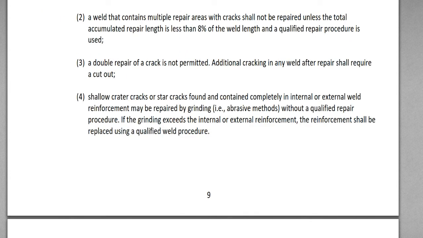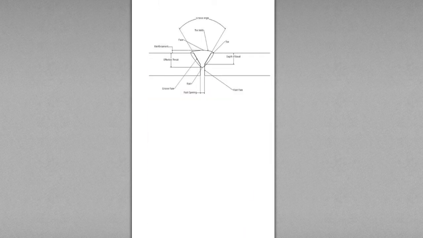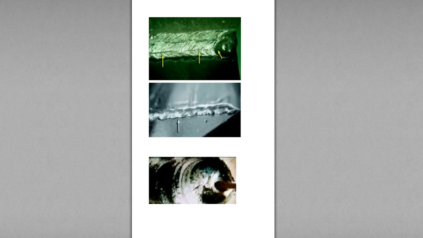Number 4. Shallow crater cracks or star cracks found and contained completely in internal or external weld reinforcement may be repaired by grinding. So shallow crater cracks and star cracks, what they are is, I can show you the picture of crater and star crack.